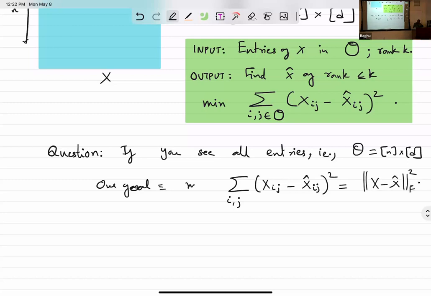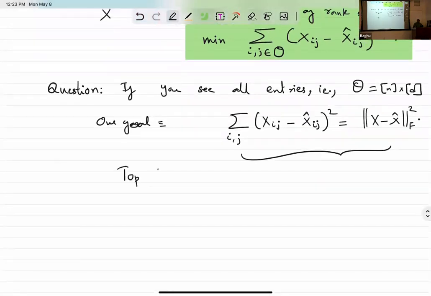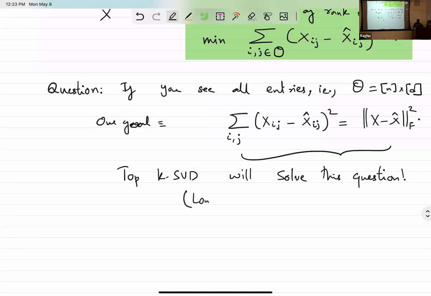So our goal would be to find a matrix of rank at most k which minimizes the Frobenius norm squared error, or the sum of squares error across all of the entries. And we know how to solve it, right? What solves this problem? SVD, right? The top K SVD solves this low rank approximation question. Okay, this is exactly the low rank approximation problem that we discussed earlier.